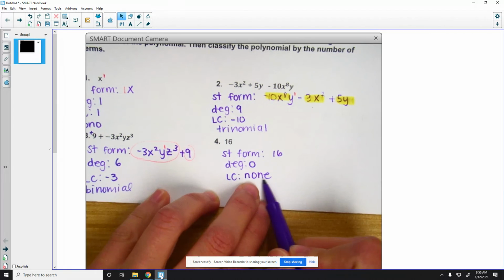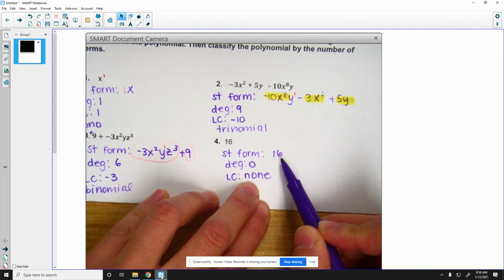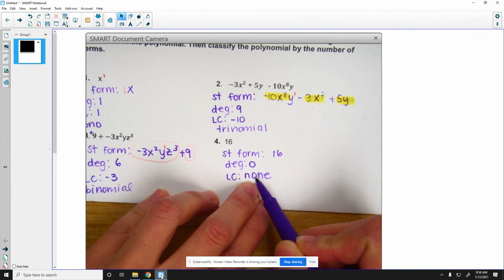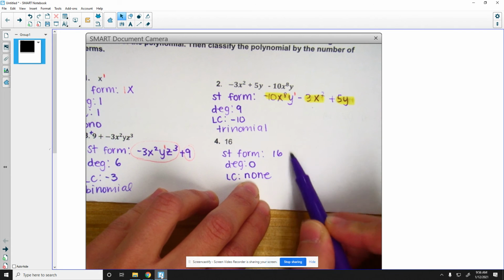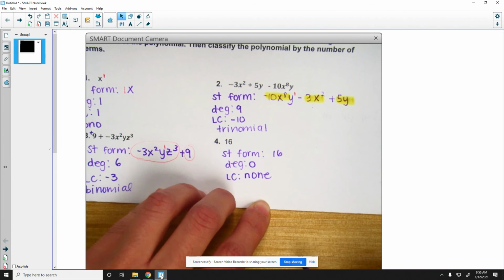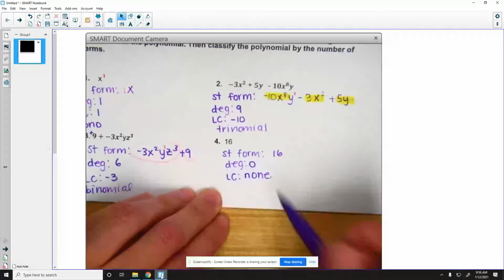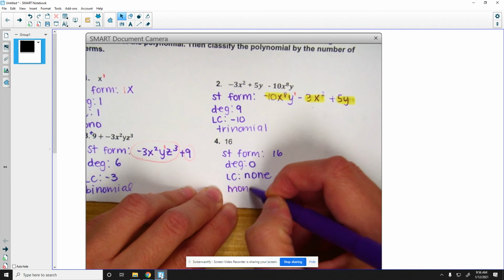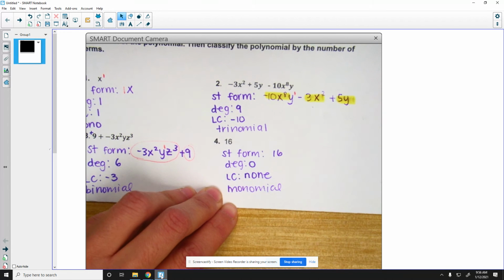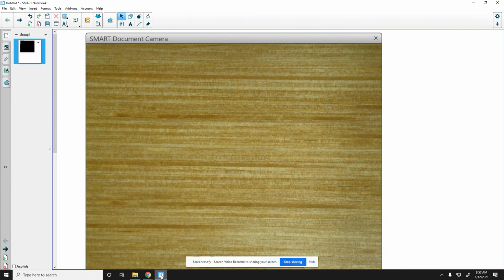The reason why, because you're like, wait, 16 is the leader. Leading coefficients are kind of like degrees. It only works for variables. If you don't see a variable, there's no degree. If you don't see a variable, there's no leading coefficient either. Okay? All right, mono, bi, tri, poly. Mono, good job. Monomial. All right. So hopefully that recaps what we talked about in the very beginning, all the vocab.